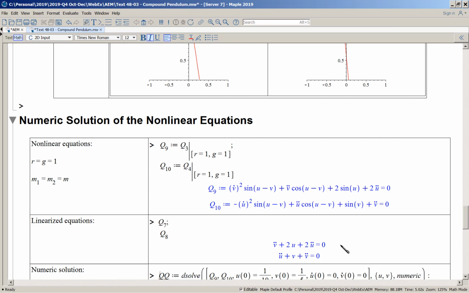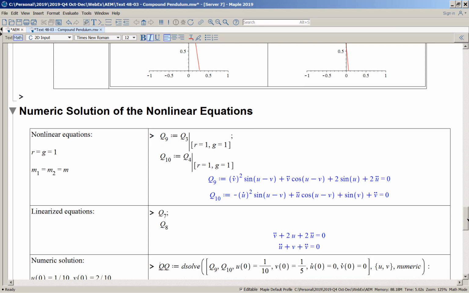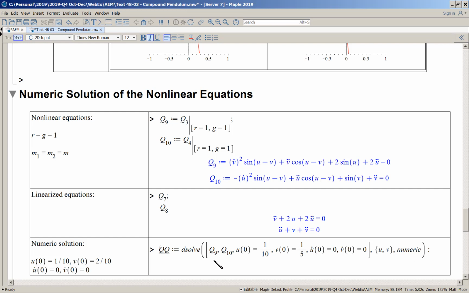As a reminder, this is what the linearized equations look like. Now I'm going to take a numeric solution, dsolve numeric, of just the one initial value problem, the one on the left-hand side where the two masses swing together.